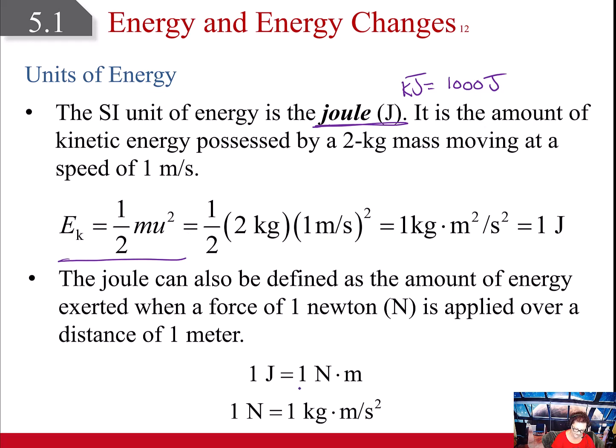A joule is also equal to 1 Newton meter. That's when a force of 1 Newton is applied in order to push something a distance of 1 meter. A Newton is also defined as 1 kilogram times meters per second squared. Now these we use a lot more in physics because they're like real world, I'm pushing stuff around. Joules and kilojoules you're going to see more in chemistry.